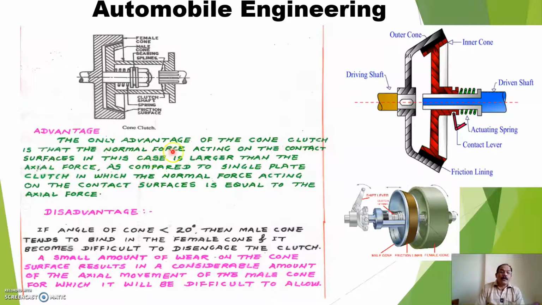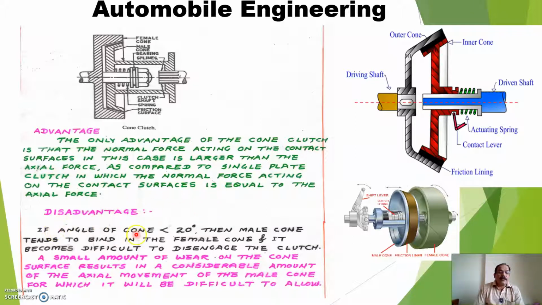The only advantage of the cone clutch is that the normal force acting on the contact surface is larger than the axial force, as compared to the single plate clutch, in which the normal force acting on the contact surface is equal to the axial force. In the previous slide you saw the axial force.